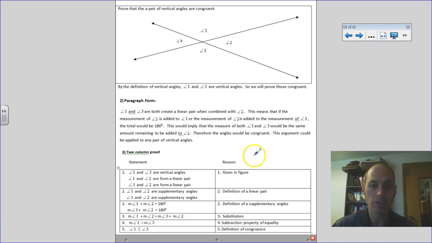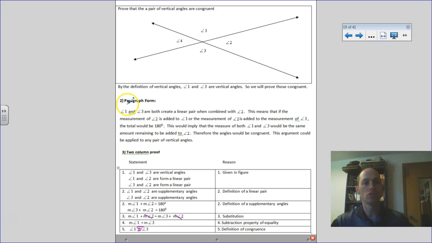And so the measures of the angles equal 180, because that's the definition of what supplementary angles are. And therefore, since these equal 180 and those equal 180, by substitution or the transitive property, we can say that those are equal. Substitution property, we can eliminate measure of angle 2 to say that they are equal. If they're equal, they should be congruent. Angle 1 is congruent to angle 3.